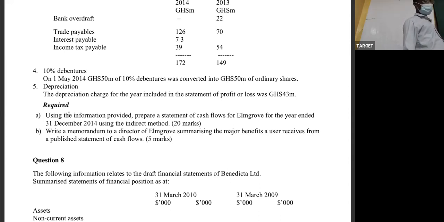B, write a memorandum to a director of Elmgrove summarizing the major benefits a user receives from a published statement of cash flow. We are just asking for the benefits of the cash flow statement.